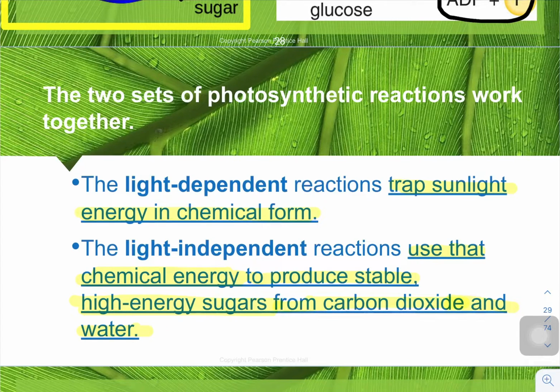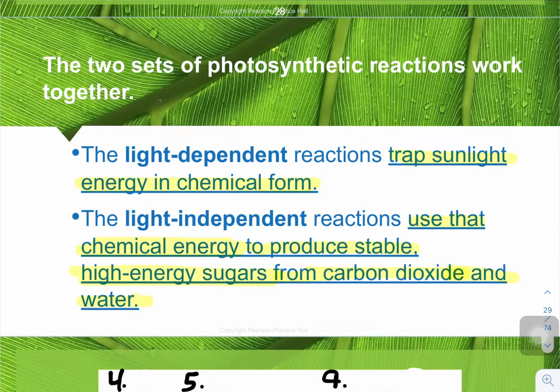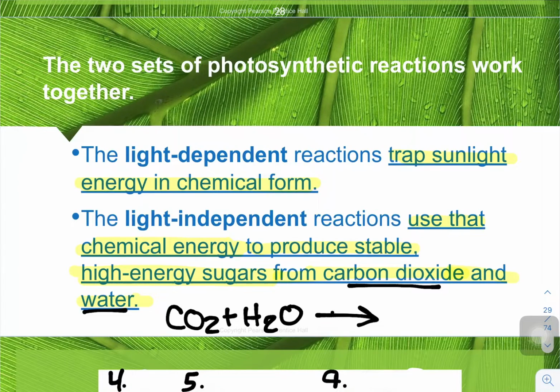So here we can find in this explanation all of the parts of our equation for photosynthesis. We're going to use carbon dioxide and water, so CO2 and water, H2O, using the energy from sunlight to produce sugar, which is in the form of glucose, C6H12O6.